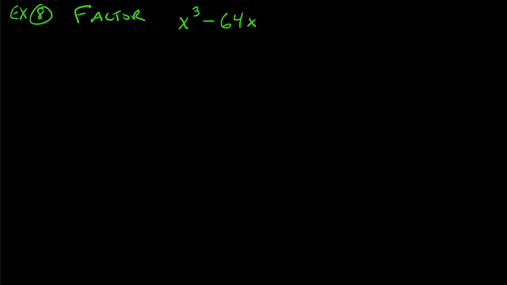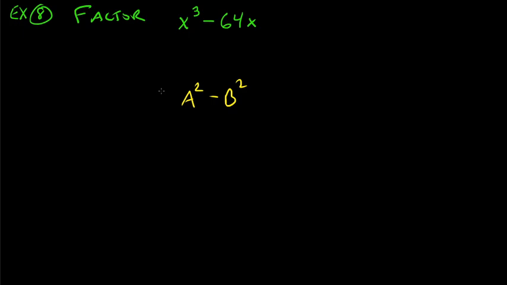All right, so the next one is to factor x cubed minus 64x. Okay, so this is also kind of tricky because we're looking for a squared minus b squared, and I don't see a square. I see a power of 3 instead of a 2. So in this form, there's really nothing we can do with that.